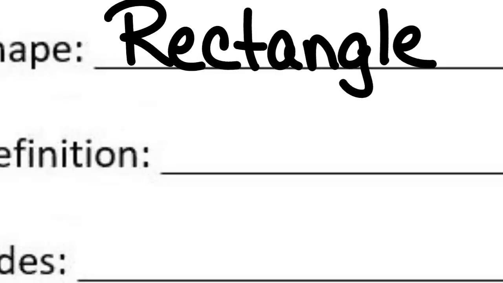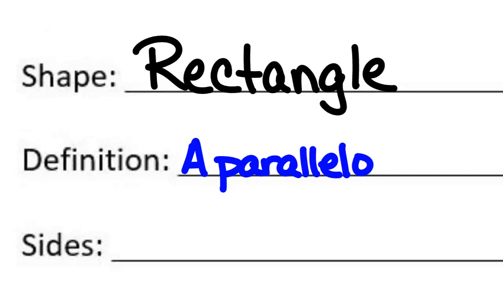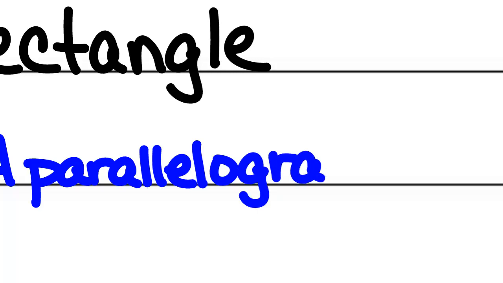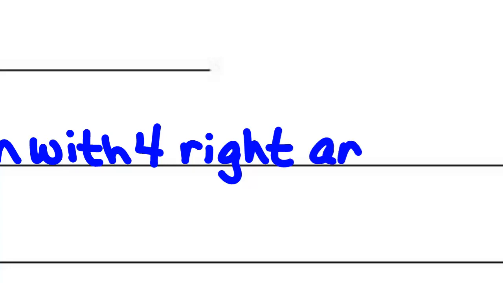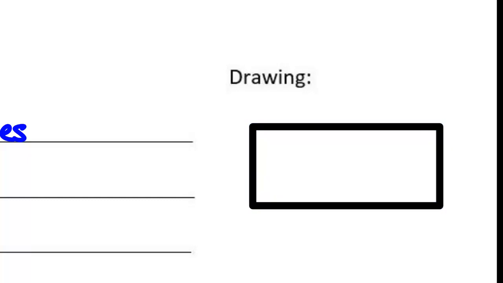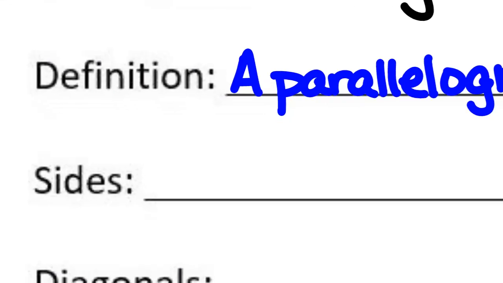A rectangle is a parallelogram with 4 right angles. So I'll draw my picture of a rectangle so that we can fill in the properties as we go. Because this is a parallelogram, it's a special kind of parallelogram.